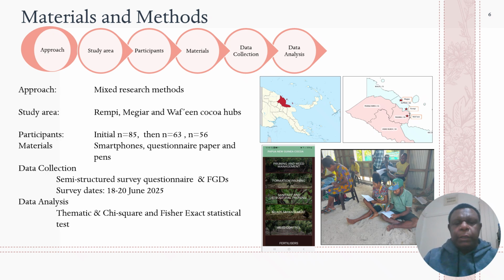The materials used are smartphones, the mobile app, and the questionnaire, paper and biros, of course. Data collection was through a semi-structured survey questionnaire and focus group discussions. Data analysis was done using thematic analysis through manual coding, and chi-square and Fisher exact tests in RStudio.